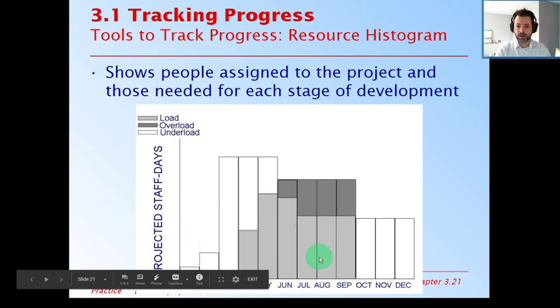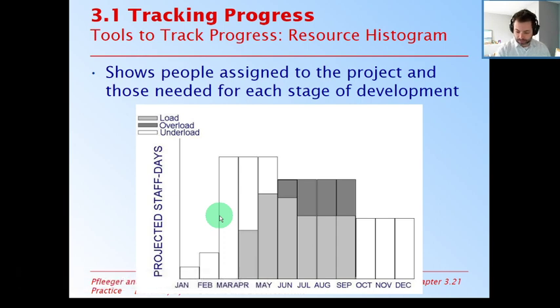But here, let's say in June, July, August, September, we are in overload status, meaning that we're probably into some kind of crunch time because we didn't plan appropriately over here. A lot of you gave some fun answers on the exam about planning, and you referenced Cyberpunk.